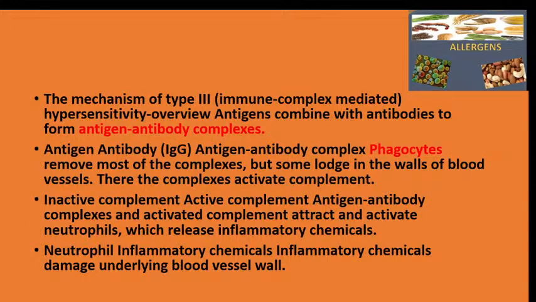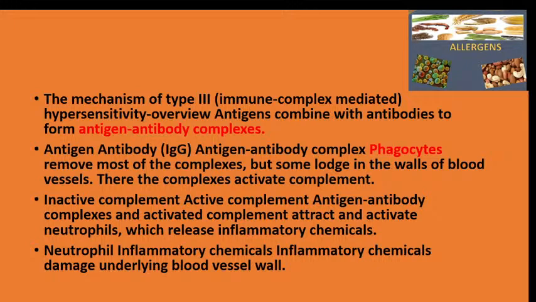The mechanism of type 3: I said the antigen antibody complex is formed. Then phagocytes remove most of the complexes. Our body has phagocytes or macrophages which have the capability to eat or destroy this antigen antibody complex. That is a normal function.